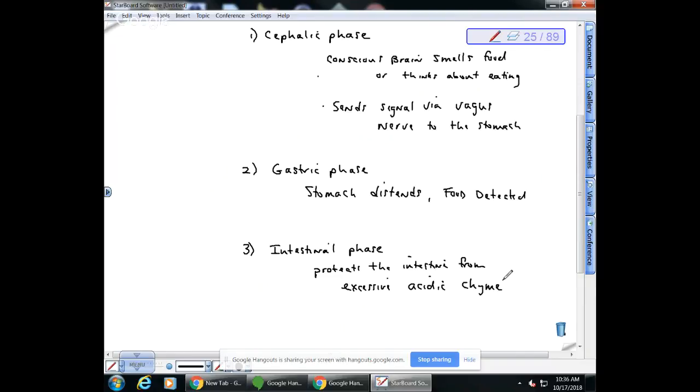So if the cells in your intestine, specifically the duodenum, which is the first part of the intestine, detect that there's lots of food coming through that is not properly digested, or that the stomach is dumping excessive amounts, it will actually shut down the motility of the stomach. So this can decrease motility in the stomach, so more digestion takes place.